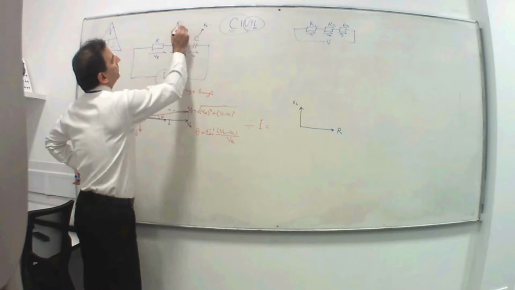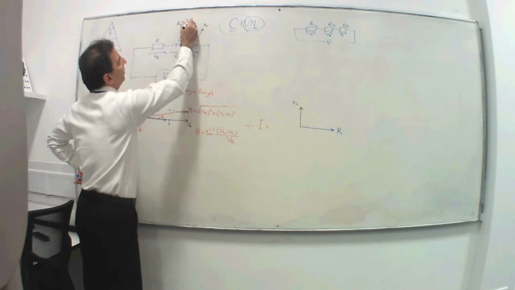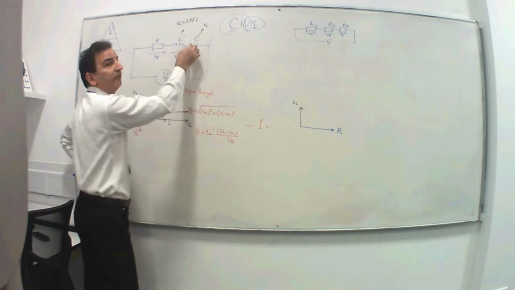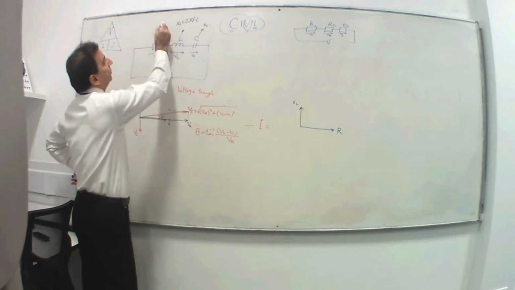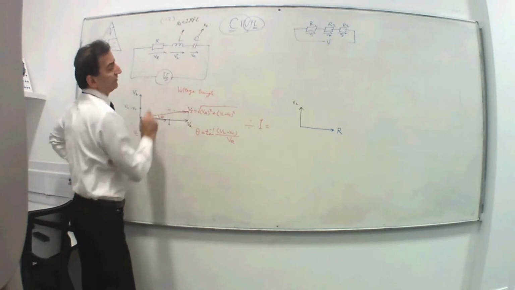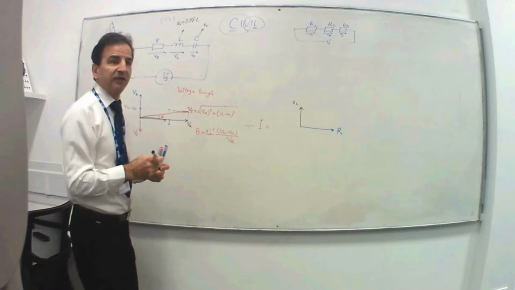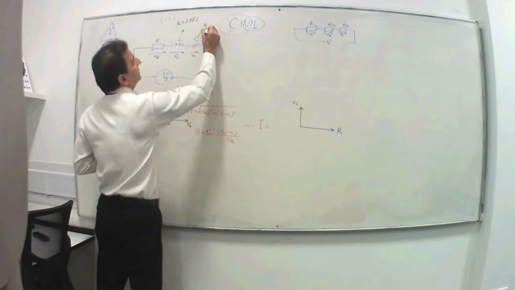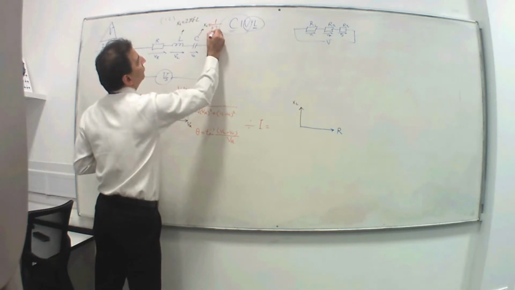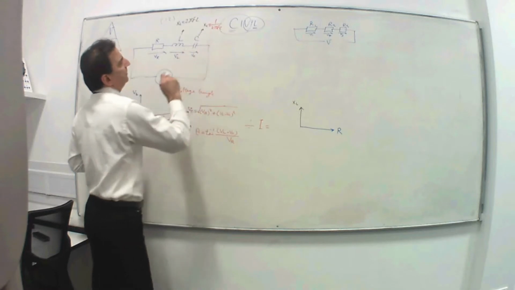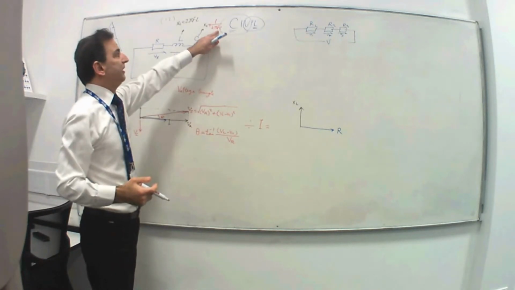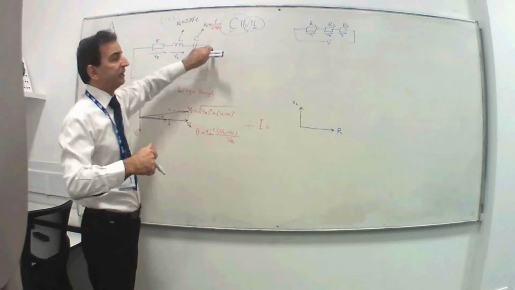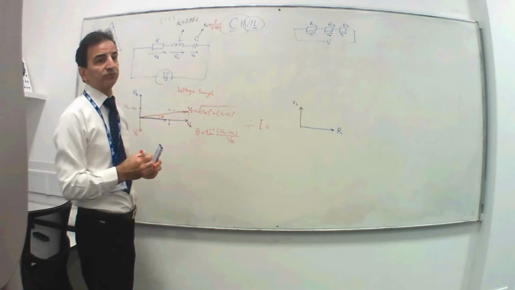To find XL, the formula is 2 pi f L. L is the inductance in henries, so if it's not in henries, you have to convert it to get the XL in ohms. And f is frequency, which has to be in hertz as well. If it is kilohertz, again you have to convert that to hertz. And XC is 1 over 2 pi f C. Same, frequency has to be in hertz, C has to be in farads. If it's not, you have to convert that to get the XC in ohms.